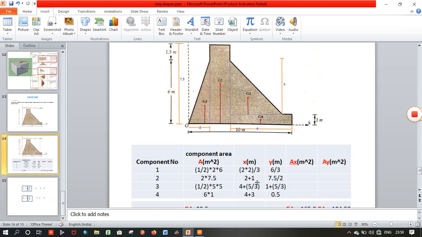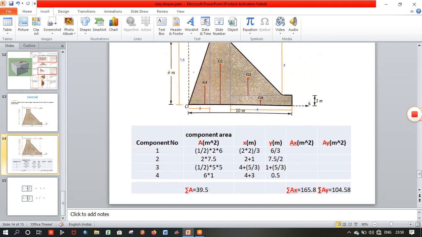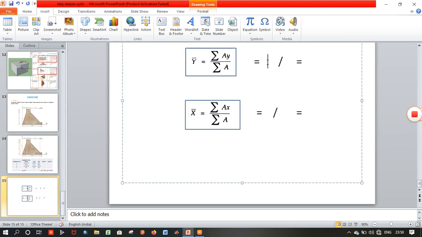So the sum of Ay is 104.58 upon 39.5. 104.58 divided by 39.5, you get the y bar as 2.64 meter.